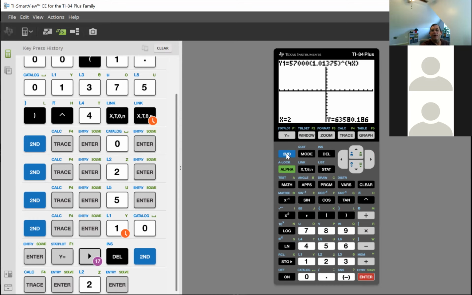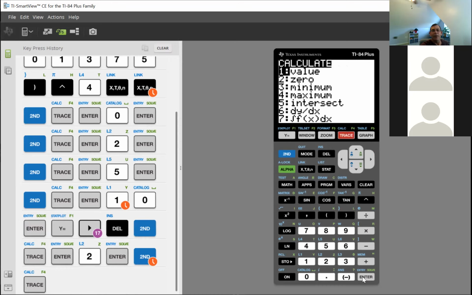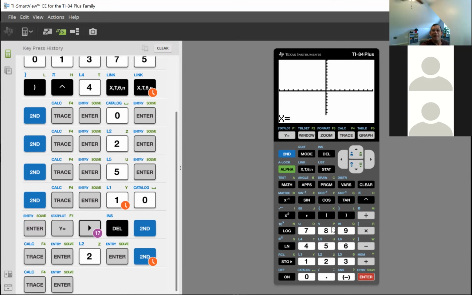Second trace for 5 years. We'll hit enter. Girl, I'm telling you, I'm about to go throw 57,000 on a 5.5% interest for 10 years and get me about 13 million. All right, so this is better.